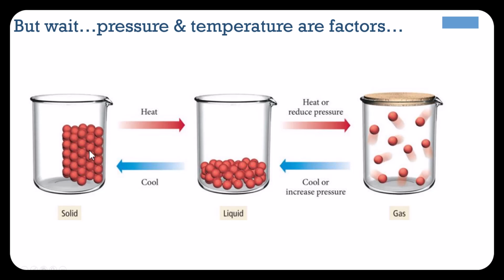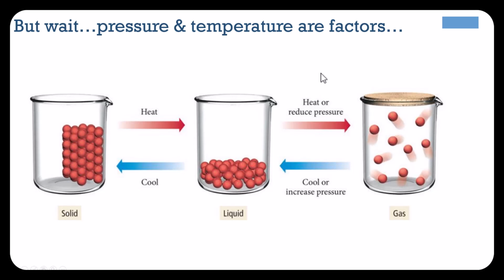We've got solid ice, we heat it up, it becomes a liquid. We've got liquid water, we cool it down, it becomes a solid. So definitely there's this temperature piece to these state changes. But there's also a pressure piece. It's not just about temperature changes. We can also pressurize systems, and that can cause or prevent state changes from happening as well.